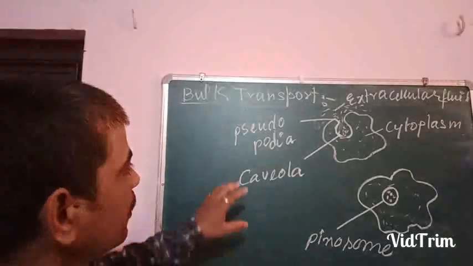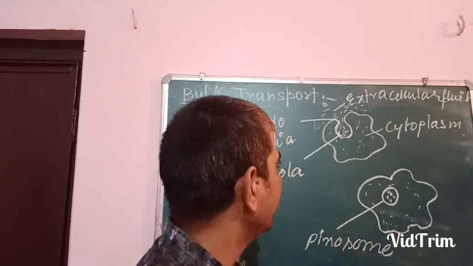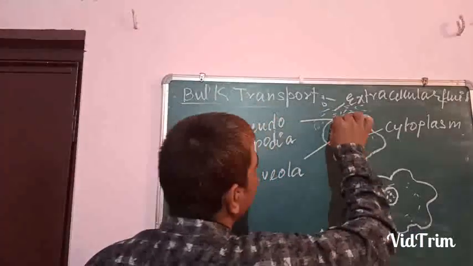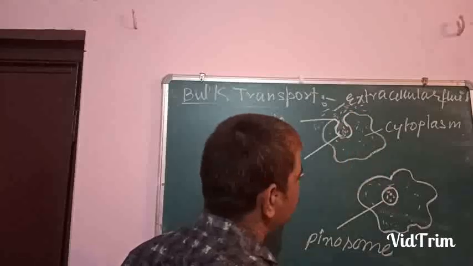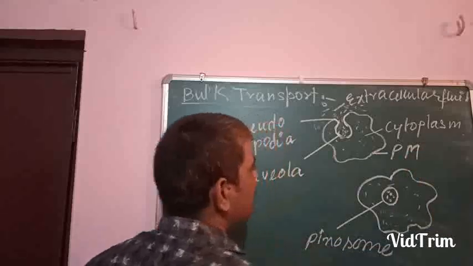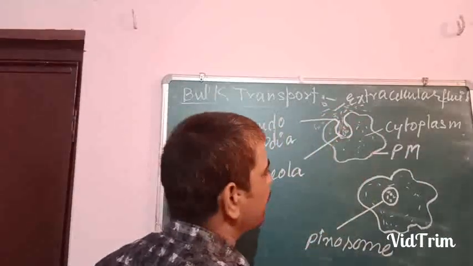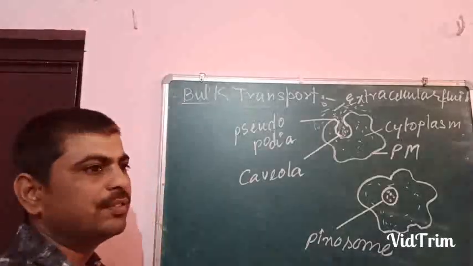Okay. So in this way amoeba, a single cell organism, now see what the mechanism is. This is the plasma membrane, cell membrane. So a small portion of the plasma membrane ruptures to facilitate the entry of substance inside it.